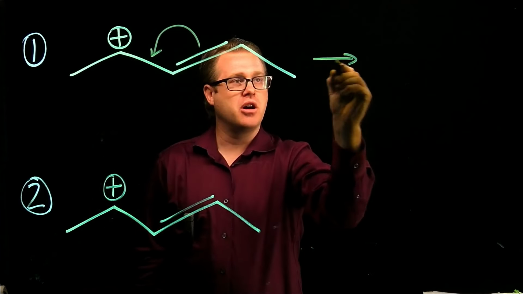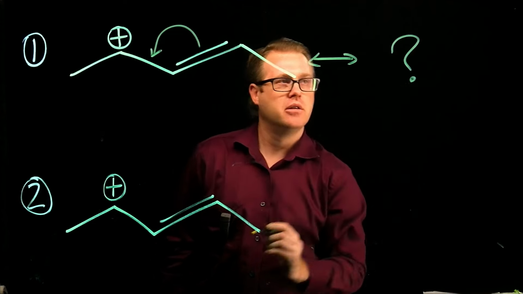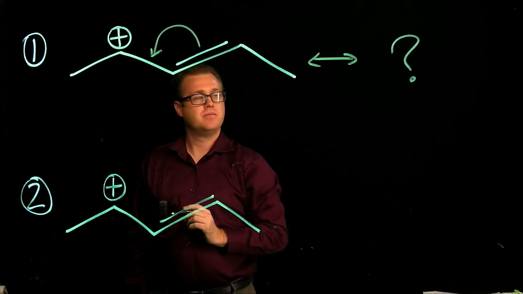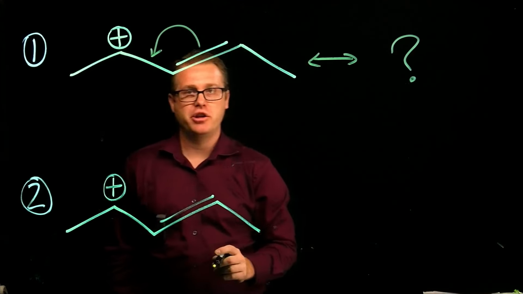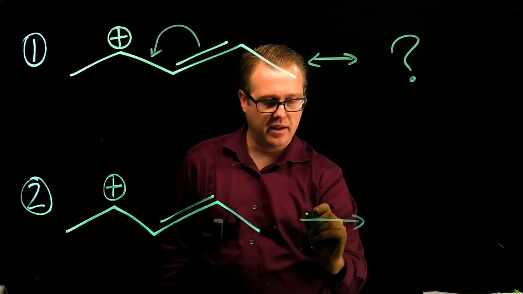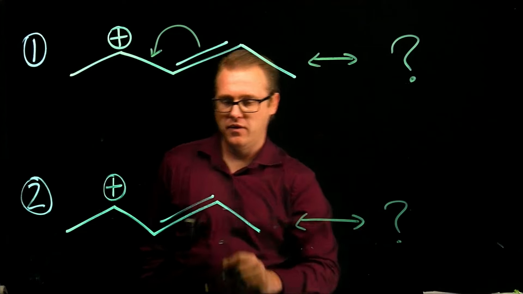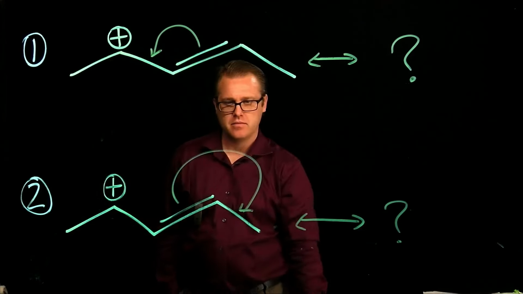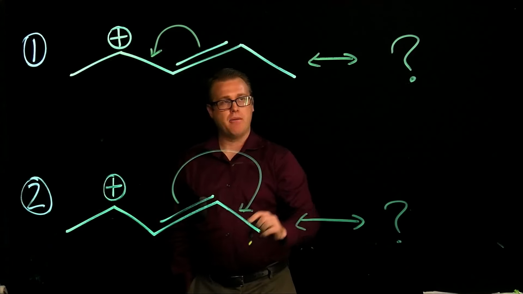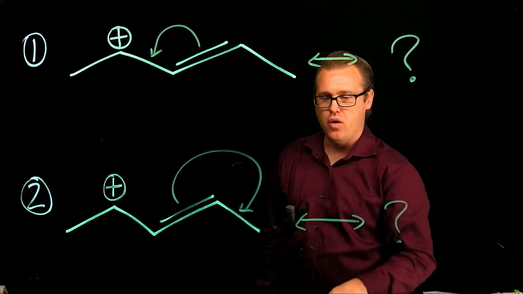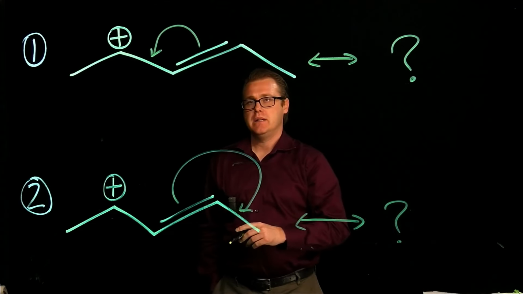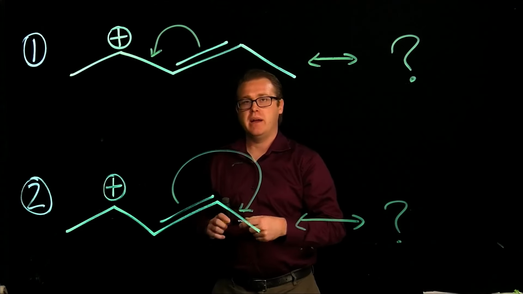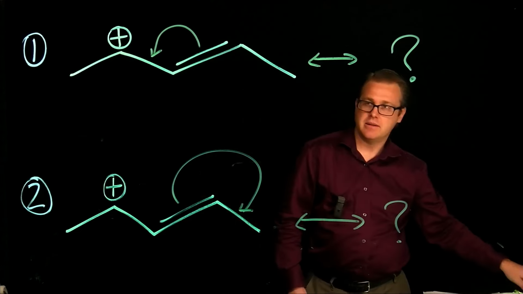And I want you to draw what the product is. And then I want you to do the exact same thing for this. Is that valid? And what would the structure be over here? So that's what we're going to talk about when we come to class.